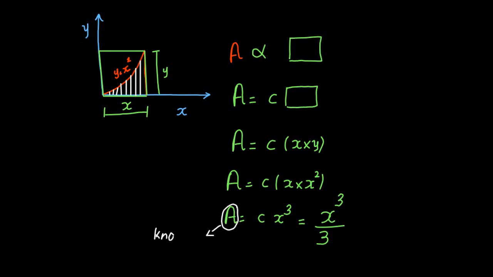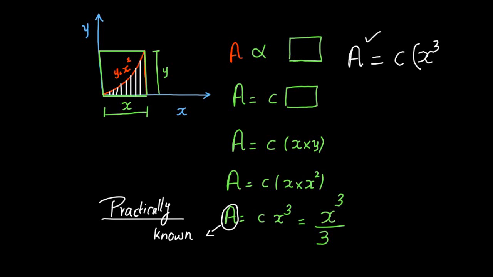Remember, a is not mathematically computed, but a is practically computed. After finding the value of a practically, now a is a known value, that is equal to c into x cubed, and x cubed is a known value.